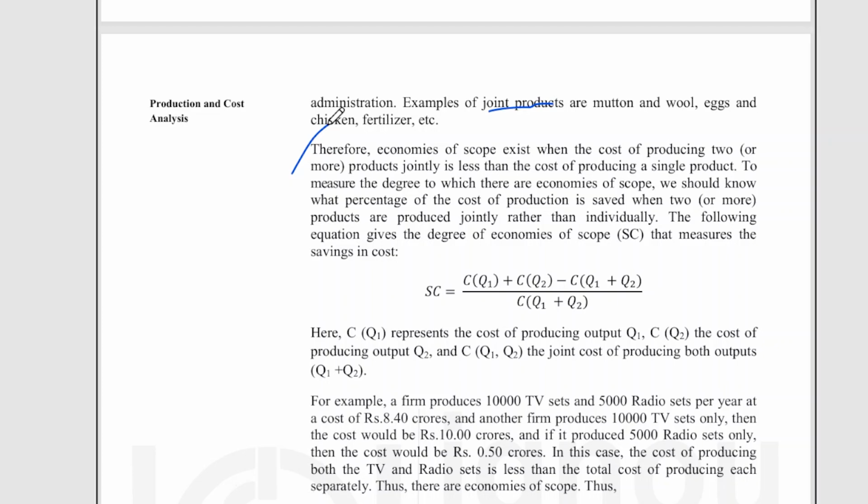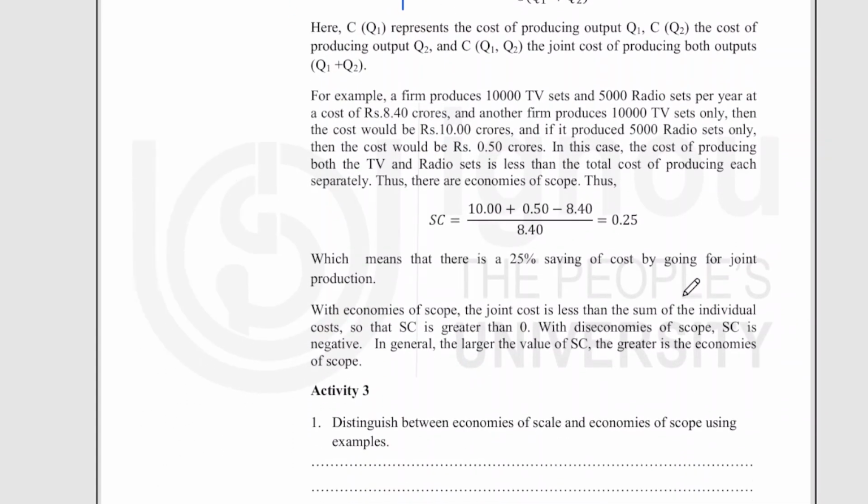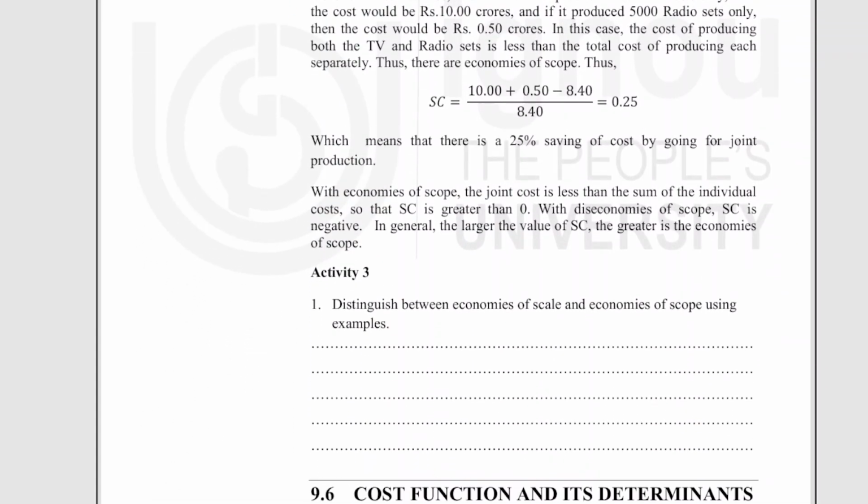To measure the degree to which there are economies of scope, we should know what percentage of the cost of production is saved when two products are produced jointly rather than individually. So here is the saving equation, SC, that is economies of scope. Please refer to this equation in your study material. And activity 3 is here from this subsection.